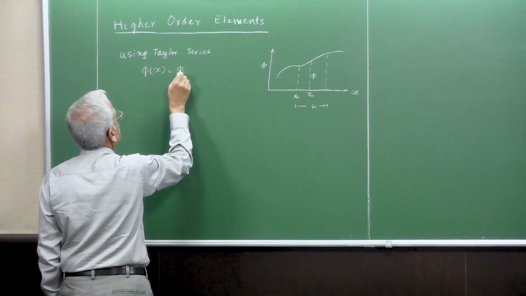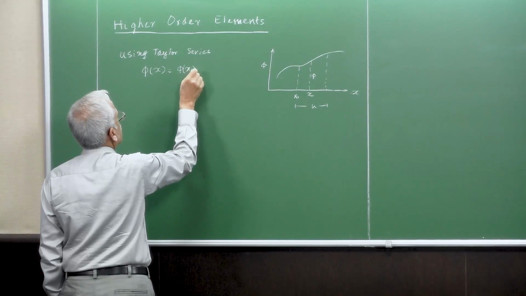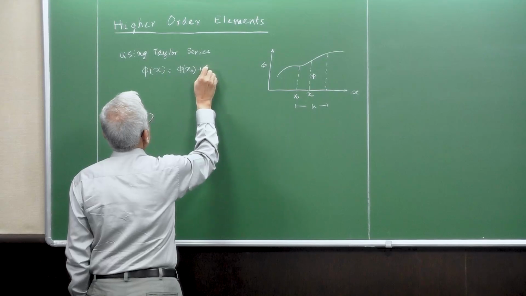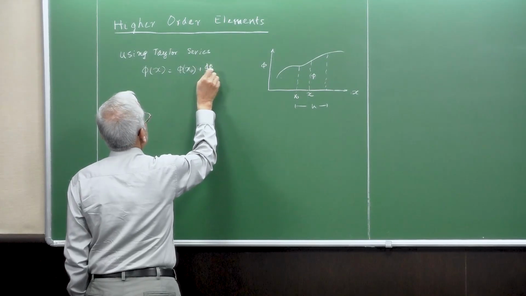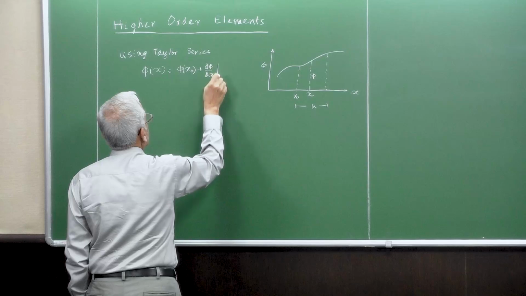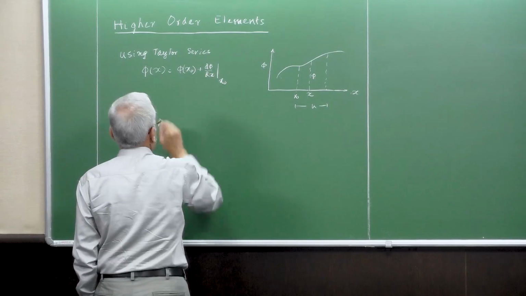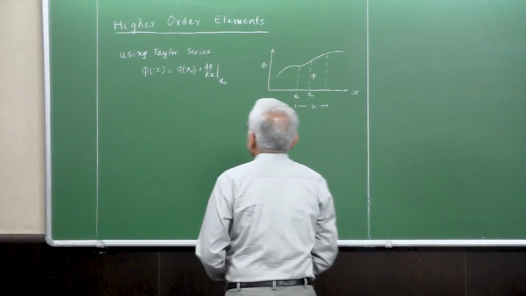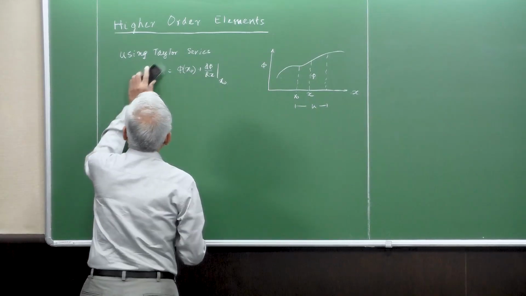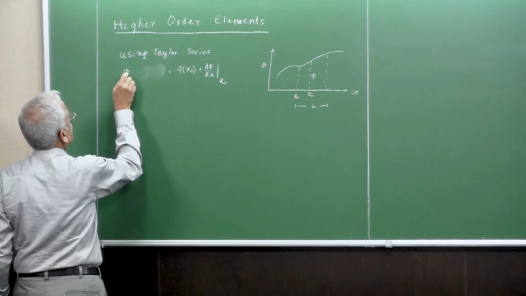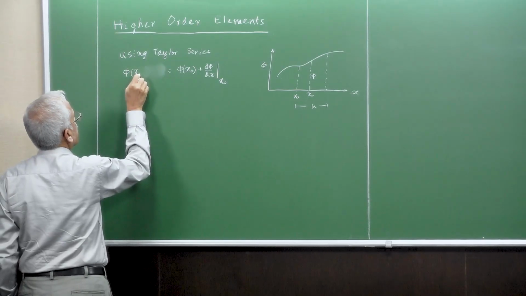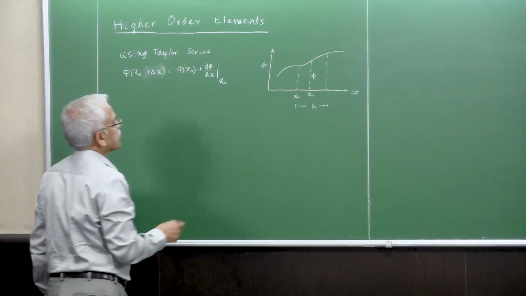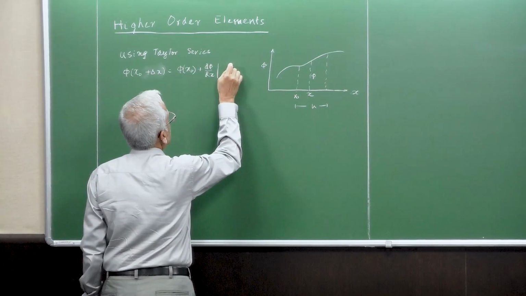approximation, we know that this can be approximated as phi of x naught. So x can be written as x naught plus delta x.